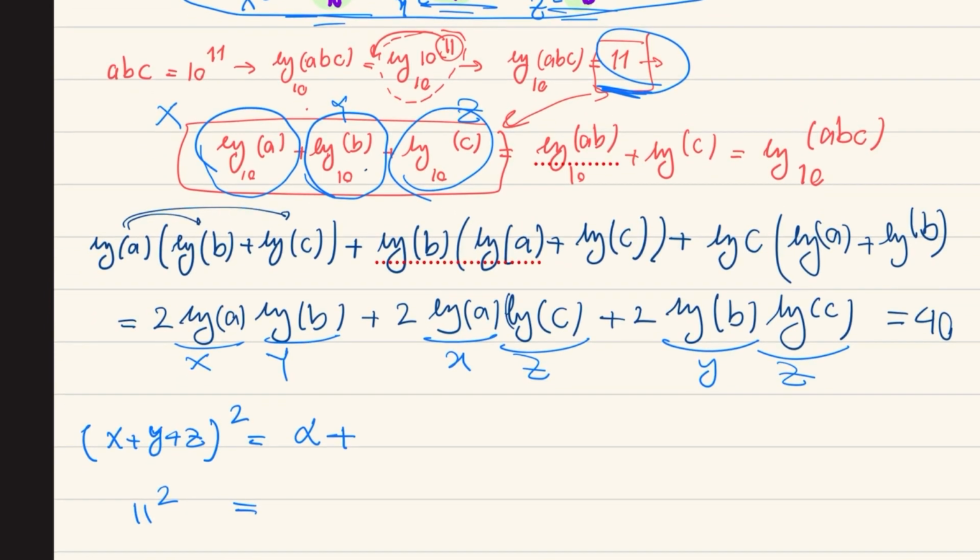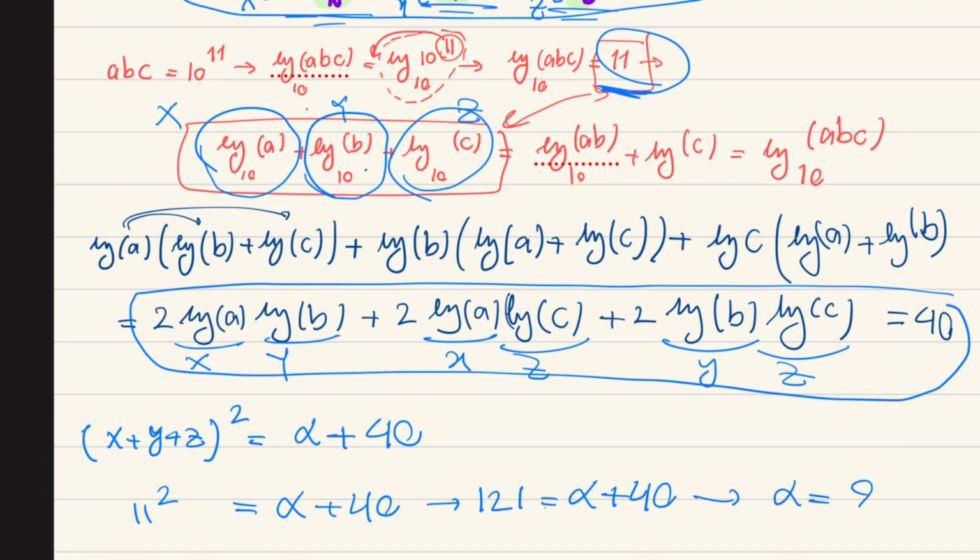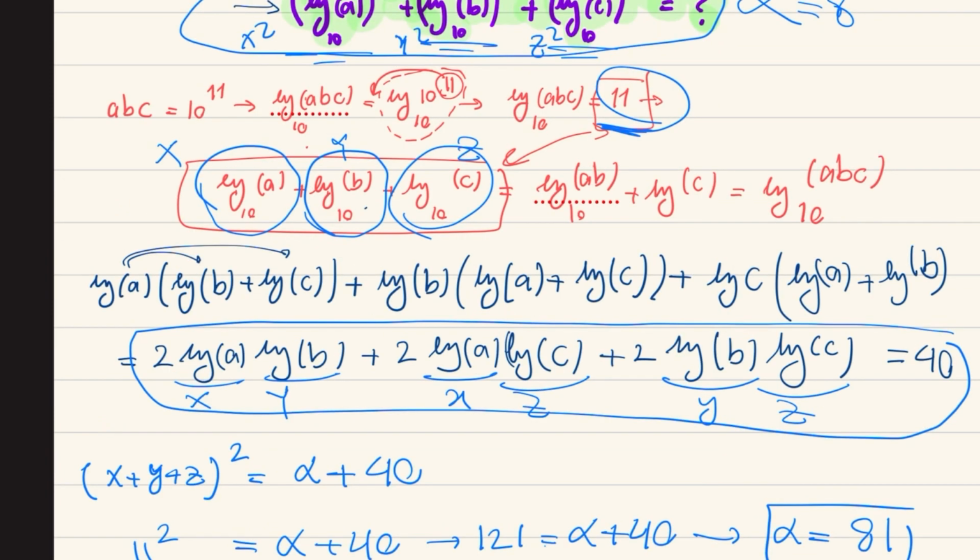And for the remaining terms, we have the remaining terms appearing here, plus 40. And this becomes 11 squared equals alpha plus 40, and we have this. At the end, we get alpha is equal to 81. And yeah, final answer is 81.